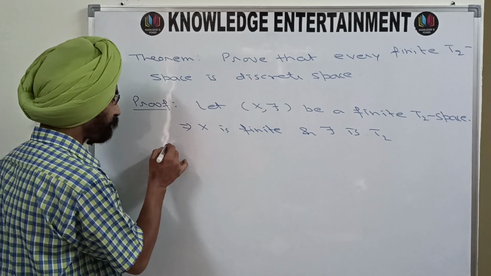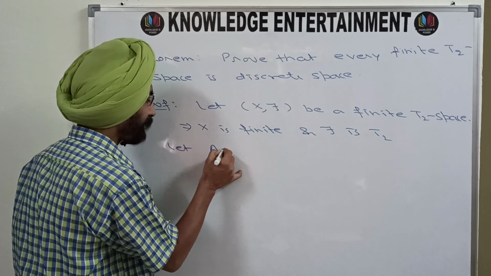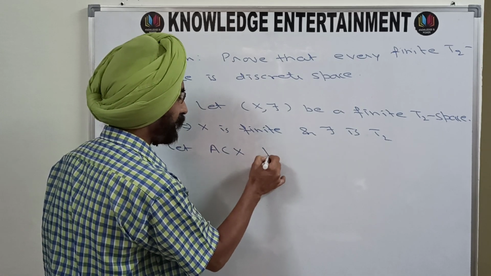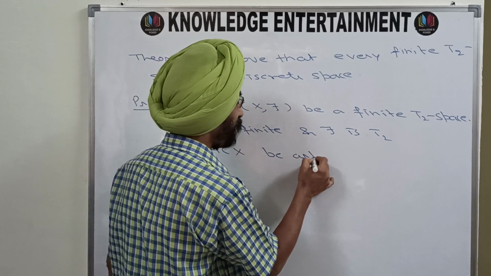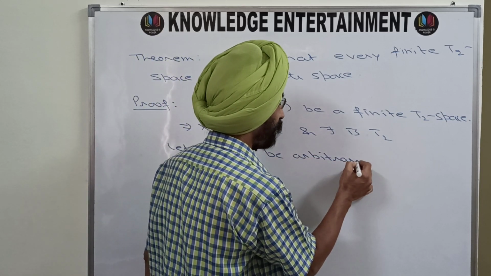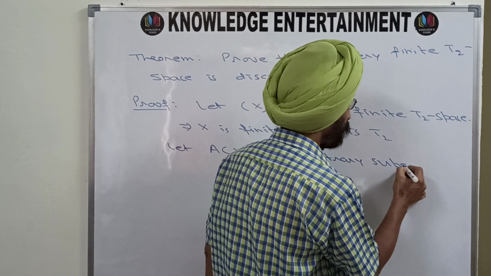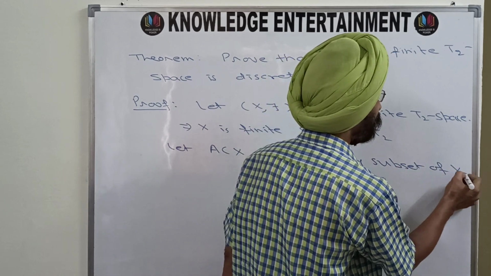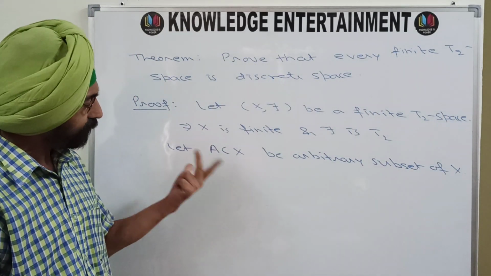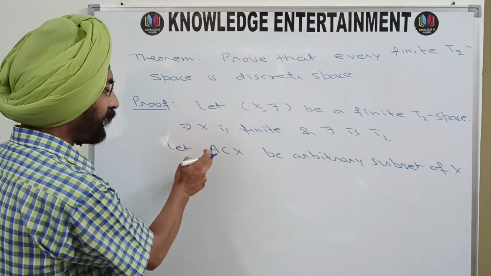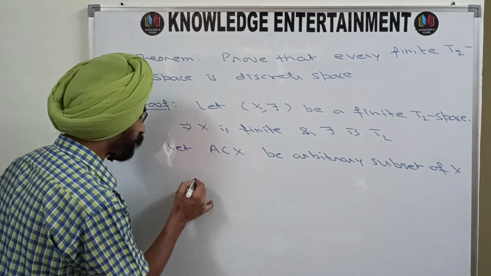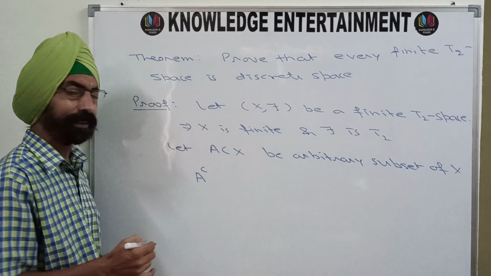So let A, a subset of X, be an arbitrary subset of X. I'm not taking some particular subset, an arbitrary subset. Now A is a subset of X, and I'll talk about A complement.